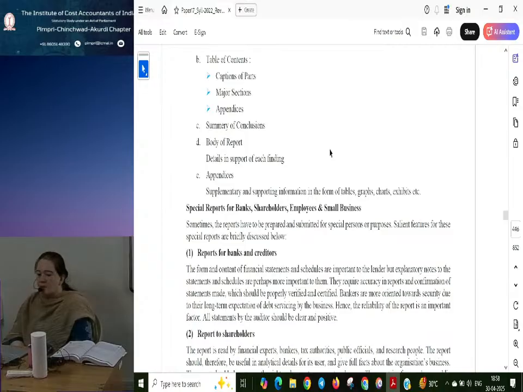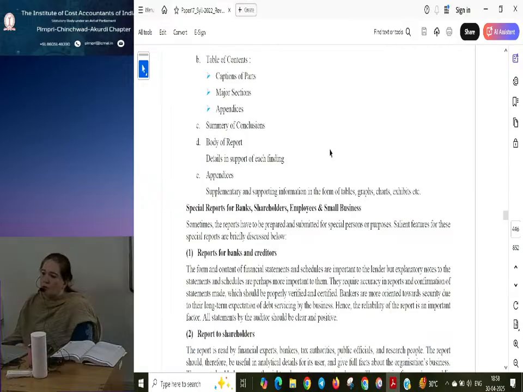Sometimes the reports have to be prepared and submitted for special persons or purposes. For example, if you are going for a bank loan, bank credit, then the form and content of financial statements and schedules are important to the lender, but explanatory notes are even more important to them because they will look into those things. For example, if there is some contingent liability that is going to arise, that needs to be mentioned explicitly.